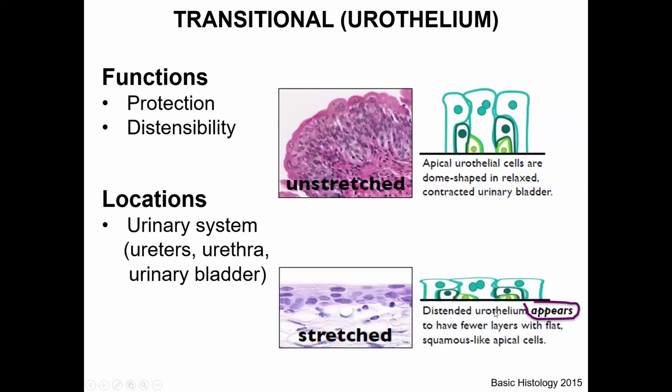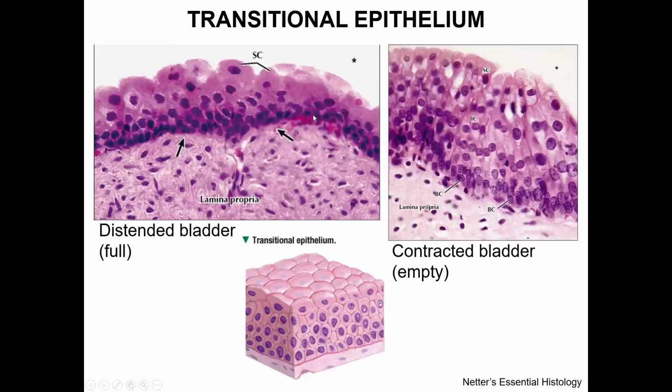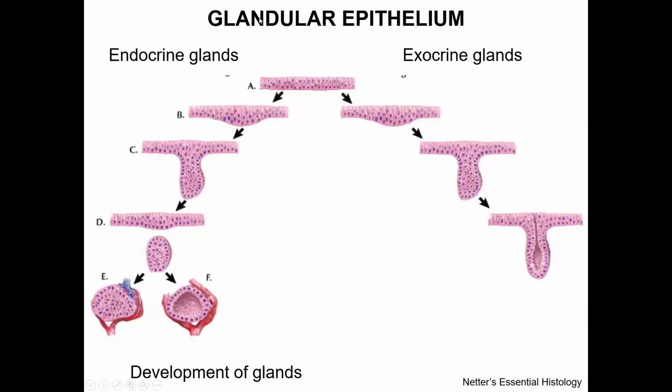So the distended urothelium appears only to have fewer layers with flat squamous-like apical cells. These are histological preparations that show, you see that the cells in the uppermost layer are quite big cells. They are called umbrella cells or dome cells, and we'll talk a lot more about them when we discuss the urinary tract.